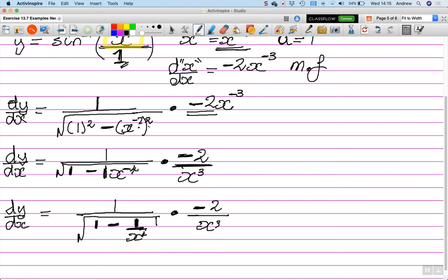There's one more line of tidying up you could do. You could do minus 2 on 1 on top to get minus 2 on top. And then you could put the x cubed at the very front before the square root symbol, and then just do 1 minus 1 over x to the power of 4.